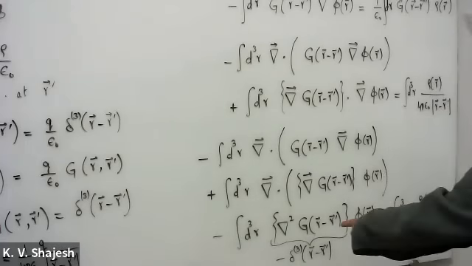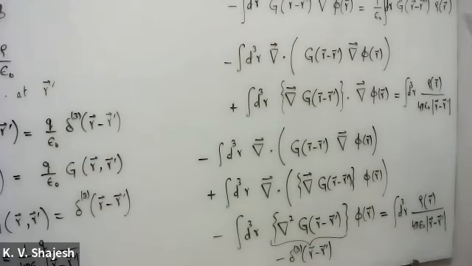So if I start with this term now, I have phi of r prime is equal to the integral d cube r of the charge density rho of r over 4 pi epsilon naught times the magnitude of r minus r prime.